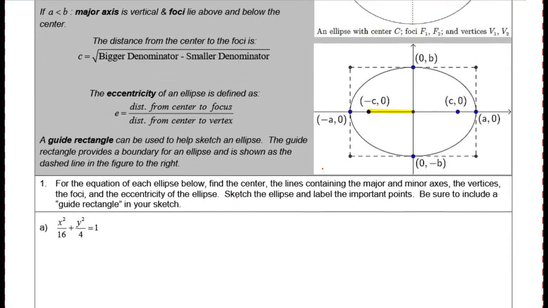Okay, next thing we're going to talk about here is eccentricity. So eccentricity of an ellipse is the ratio of the distance from the center to the focus, that would be this yellow distance right here, divided by the distance from center to vertex, that distance right there. So that ratio has a range.